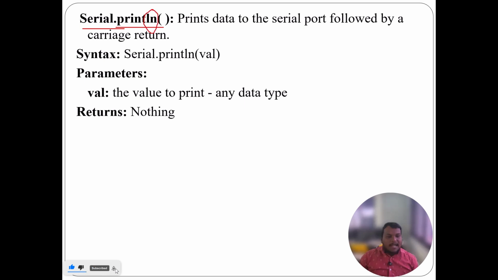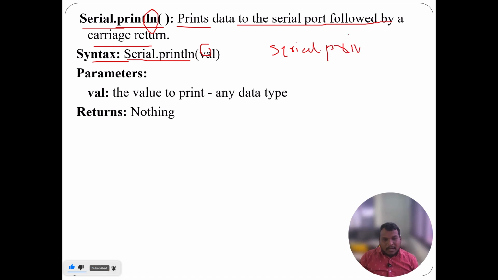Println means new line. It prints the data to the serial port followed by a newline character. Syntax: Serial.println(value). For example, Serial.print means data prints continuously: 1, 2, 3, 4, 5, 6, 7, 8, 9, and so on.